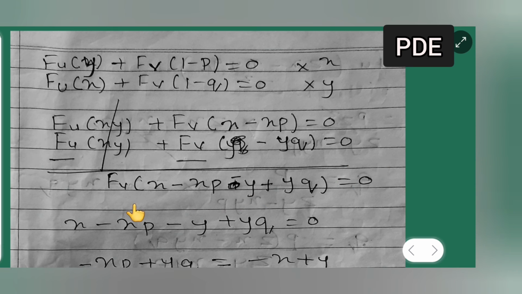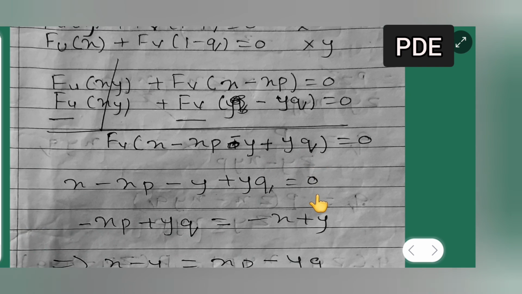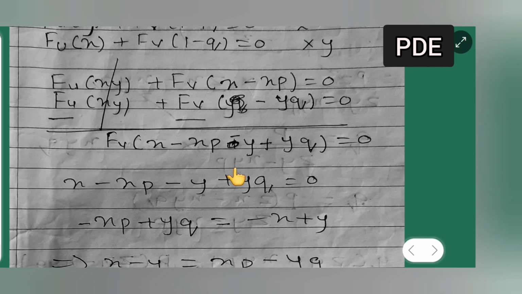Now what you are going to get is f_v, take it common: x minus xp minus y plus yq is equal to 0. Write this term here: x minus xp minus y plus yq is equal to 0, this inside part.